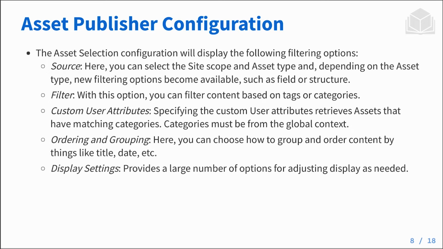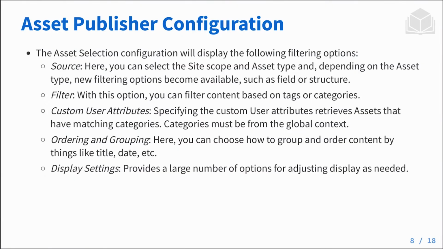And then you can further configure down. If I want to display web content, but specifically the press release structure, or in our case with the Livingston Hotels and Resorts, the news structure, or the featured hotel structure, I can select that in the source section and then go down to the filter section, which allows us to filter content based on tags or categories, okay?